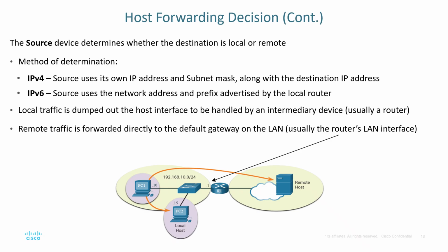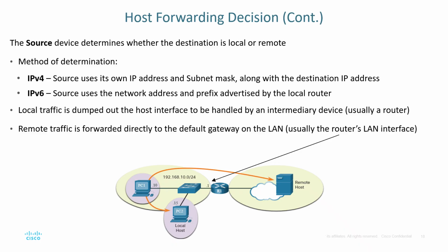So my source device determines whether the destination is local or remote. In IPv4, the source uses its own IP address and subnet mask along with the destination IP address. Within IPv6, the source uses the network address and the prefix that is advertised by the local router. Local traffic is dumped out the host interface to be handled by an intermediary device, which should say switch, not router.